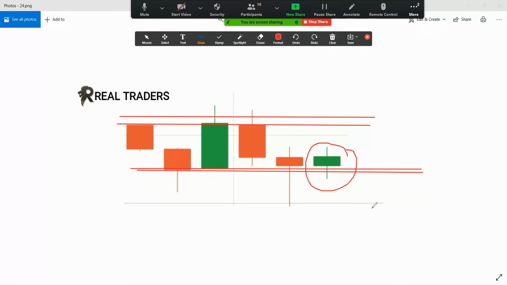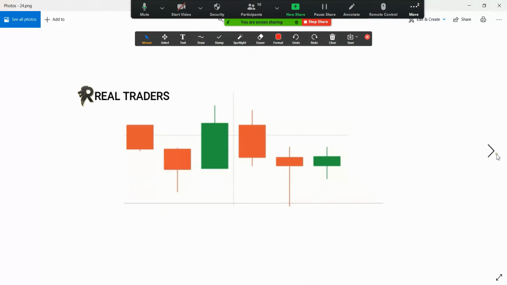A spinning top candle shows us the market will reverse, and it is at the support level. So here we are seeing a spinning top at the support level, so we can expect that the market will reverse, and it will go up here.